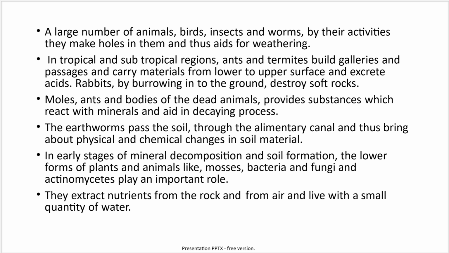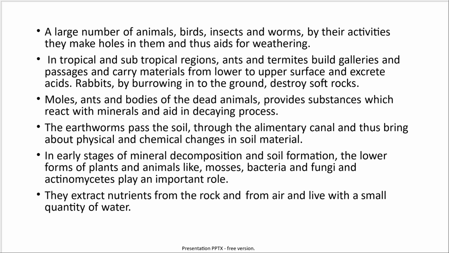In early stages of mineral decomposition and soil formation, the lower forms of plants and animals like mosses, bacteria, fungi, and actinomycetes play an important role. So, all these animals, worms, birds, mosses, and bacteria, fungi, everything contributes to weathering.